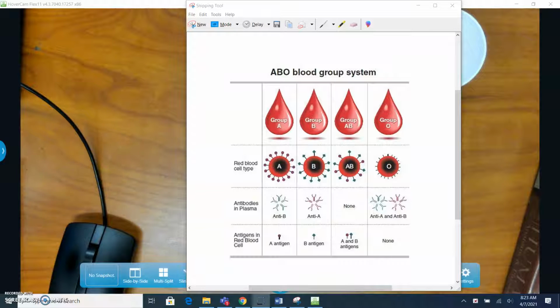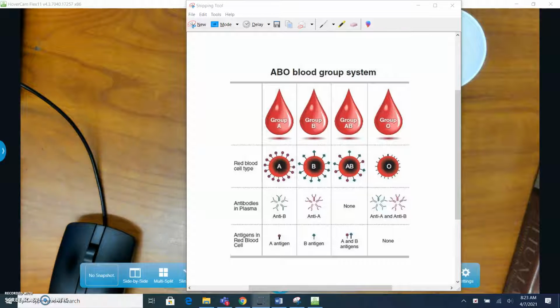Again, if we look at the type A red blood cell in the second column, we can see that the blood cell has those circular antigens attached to the surface, but in B it has diamond-shaped antigens attached to the surface.